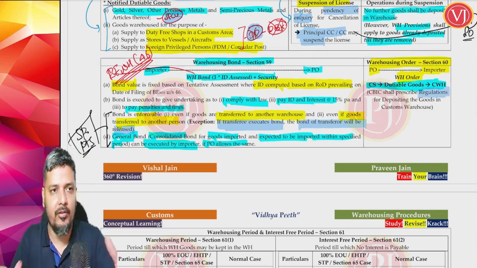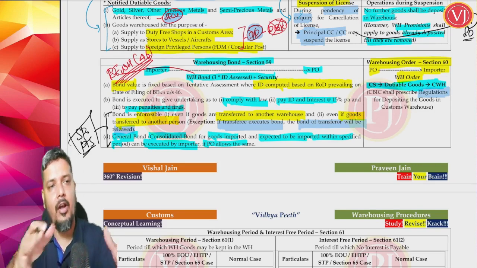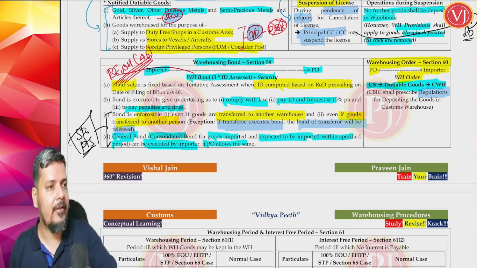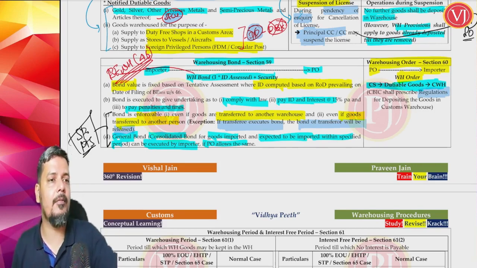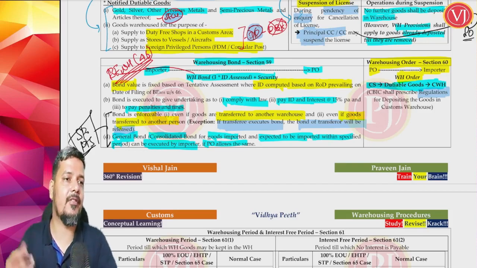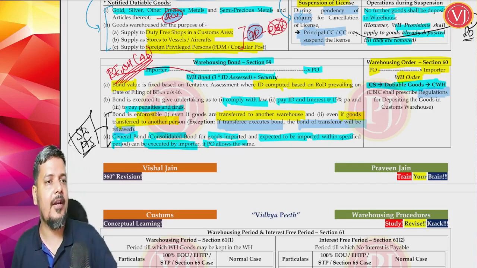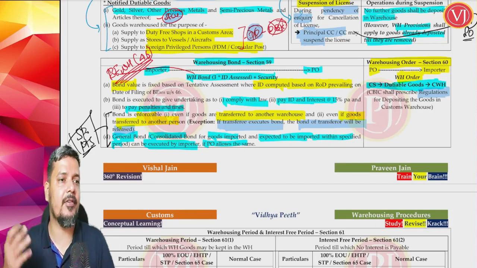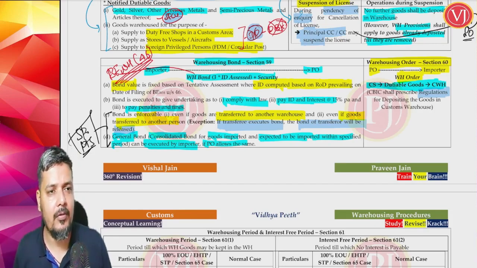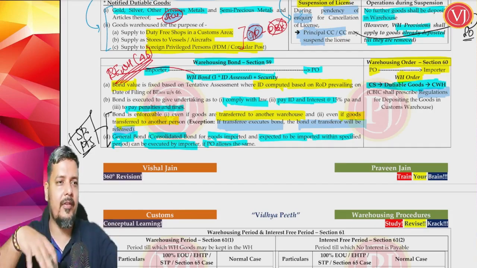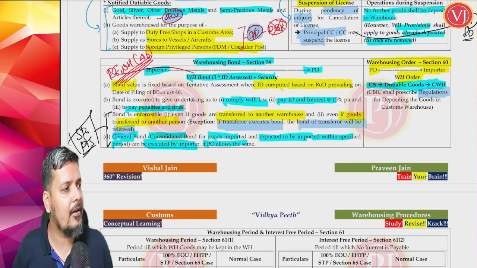CBIC can have regulations on how things will happen. The conceptual part is simple: only after getting the warehousing order, the dutiable goods will go from the customs station to the customs warehouse. What procedure has to be followed can be given in regulations.